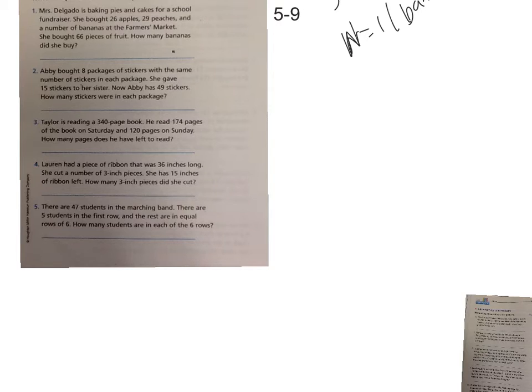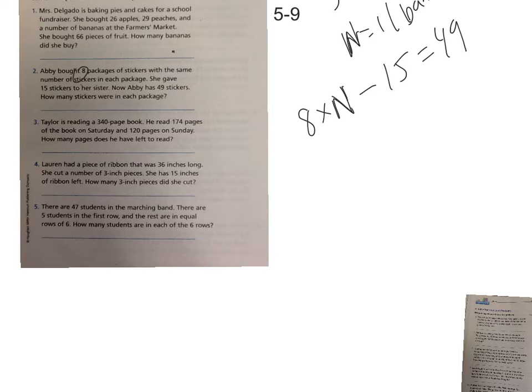Well, we know that 8 times n, I'm getting ahead of myself here, 8 times n minus 15 equals 49, because it says she had 8 packages with the same number. So 8 times n, because n is the same amount per package, and then she gave away 15 to give you 49.